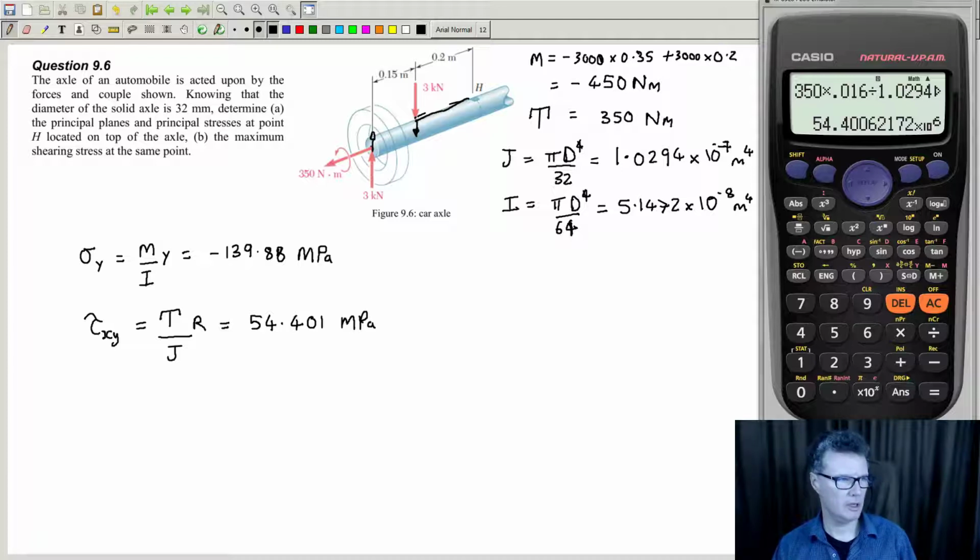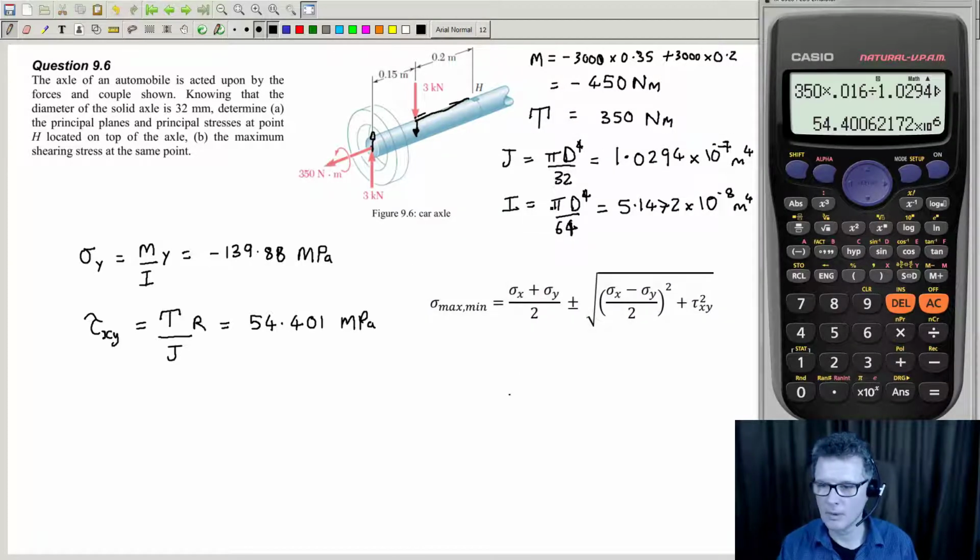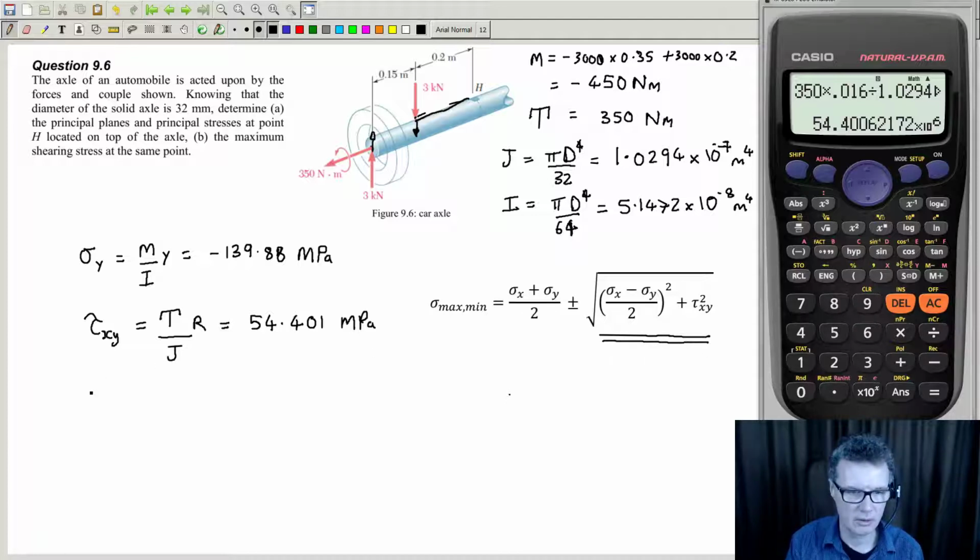All we really need is this one on the formula sheet. Okay, so I'll do the same approach as I did before. I'm going to use this first to find the maximum shearing stress.